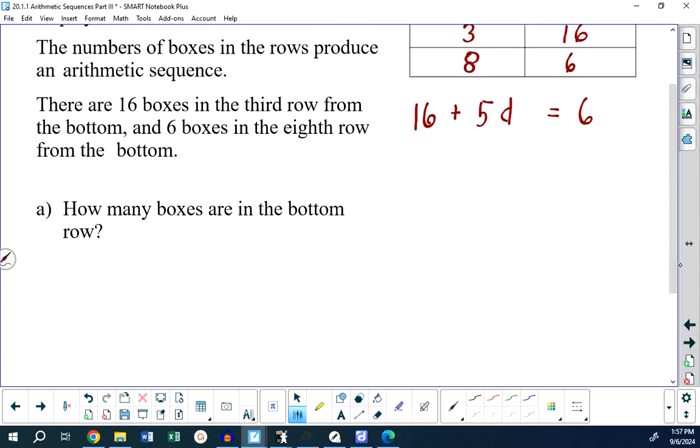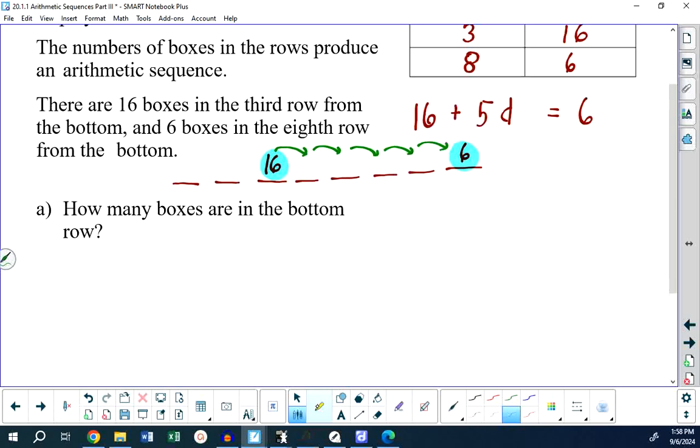And now I'll show this visually with blanks. This is the bottom row, the first term. Second term, third term has 16 boxes. Fourth term, fifth term, sixth term, seventh term, eighth term has 6 boxes. So what do I add to this term here to get to this term? Well, I add 1, 2, 3, 4, 5 common differences.